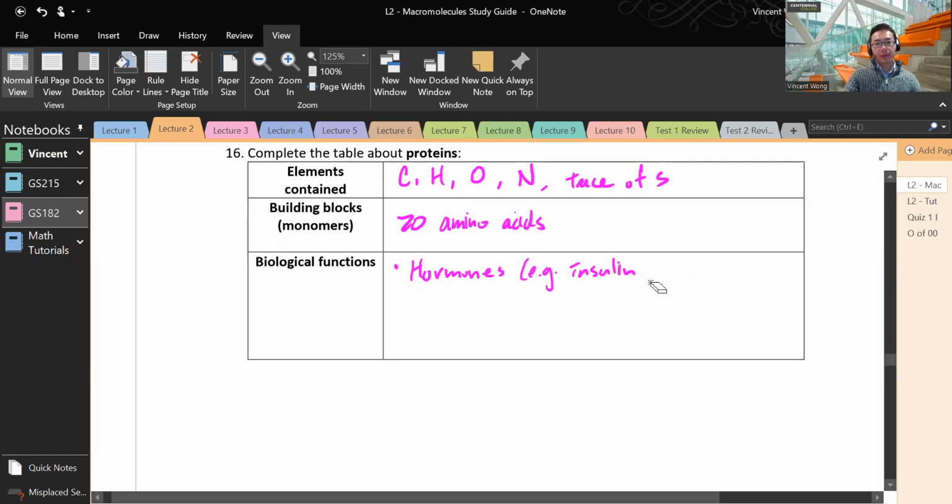Does anybody know another protein hormone by any chance? Another one, if we have any mothers here in the class, you might have heard of oxytocin, right? Anybody know what oxytocin is?